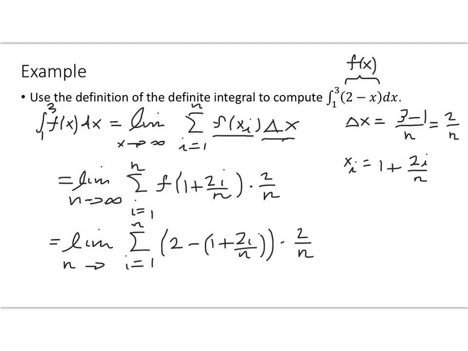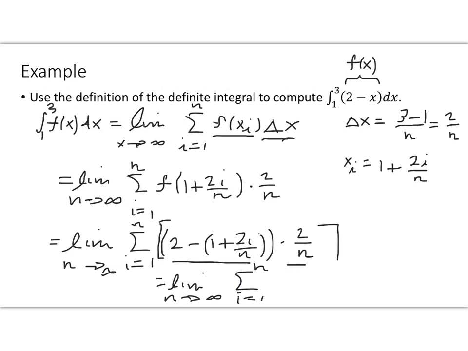And then once you make the computation of this stuff here that I'm going to write in square braces, once you simplify what's in here and then multiply through by 2 over n, what you should get is the limit as n goes to infinity of the sum i equals 1 to n of, let's see here, what is it?